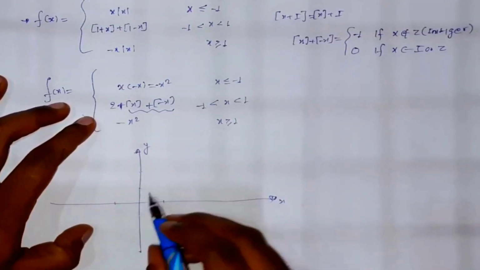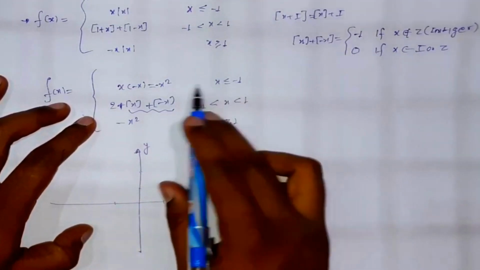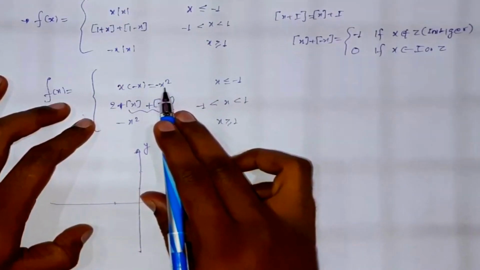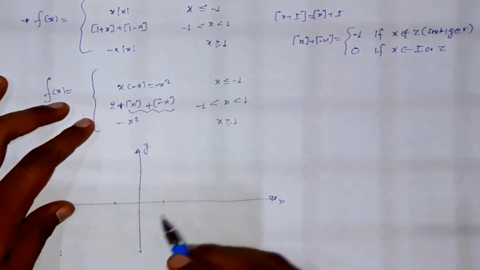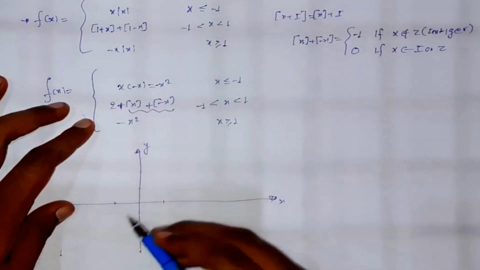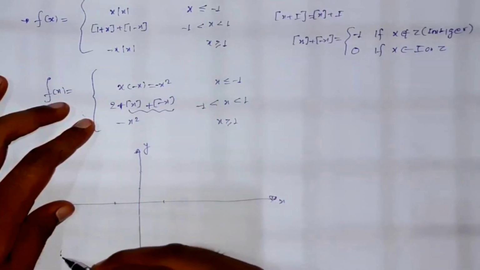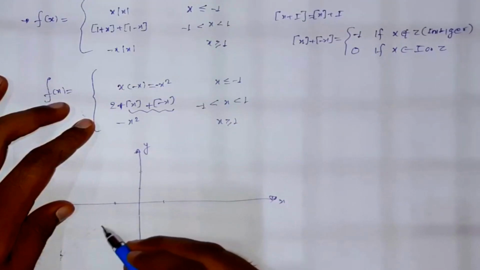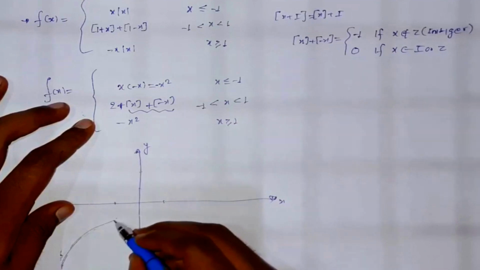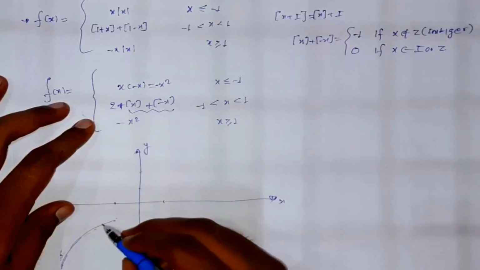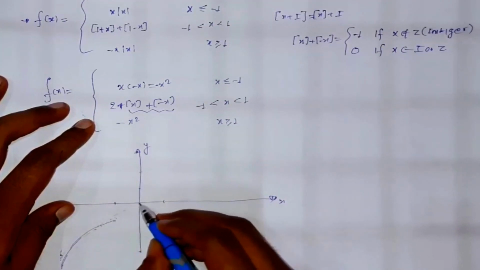Okay, so for x less than or equals to minus 1, the graph of this function will be minus of x square. It will be like this.